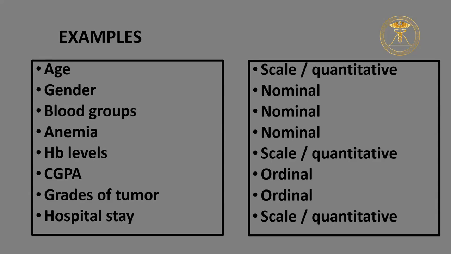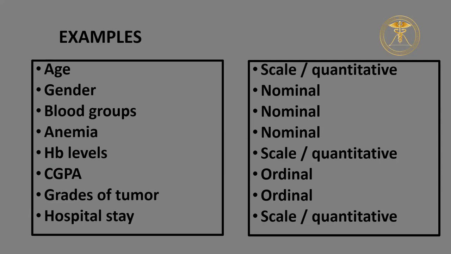Here are some examples. Age is scale and quantitative. Gender is nominal. Blood groups, nominal. Anemia, nominal, because anemia is labeled as anemia and non-anemia, or anemia yes or no. HB levels, because now I am talking about the levels, it is actually a number, so it is scale and quantitative.